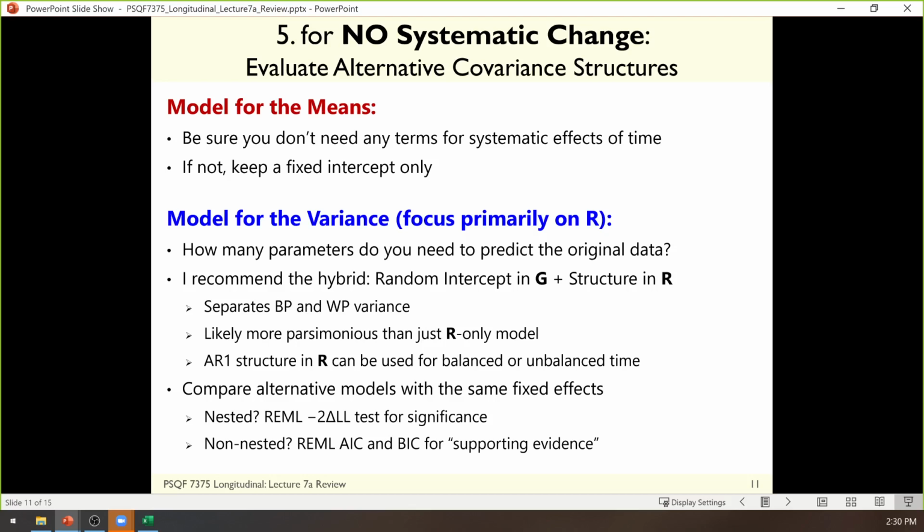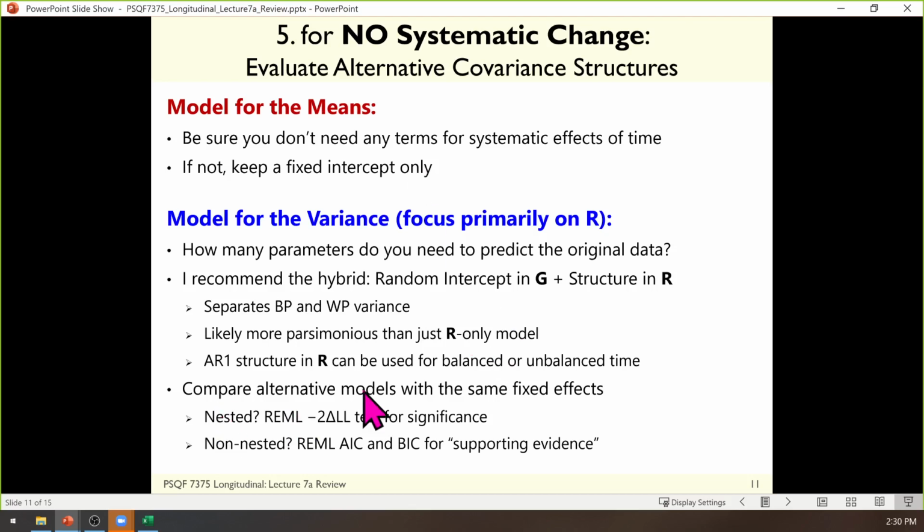So this is where the family of alternative covariance structures then would be more useful. I personally like the idea of a random intercept as a starting point to allow individual differences in a level of an outcome, and then some kind of correlation pattern in R to allow residuals that are from occasions that are closer together to be more related, which is a very common thing.